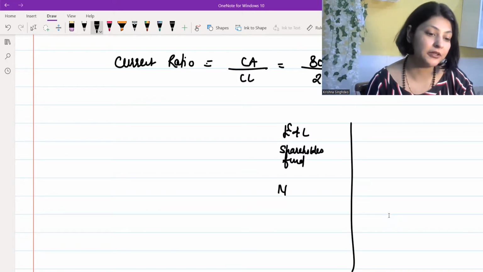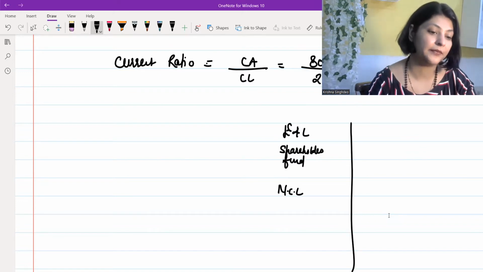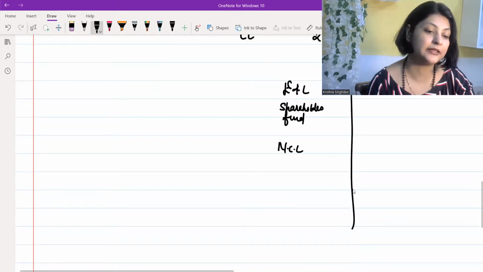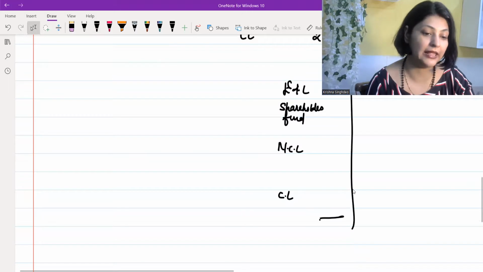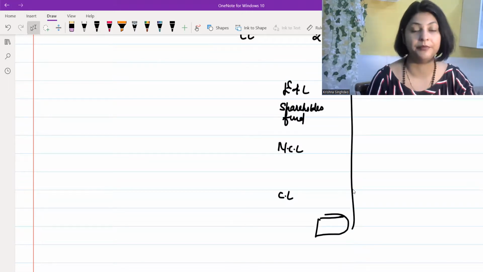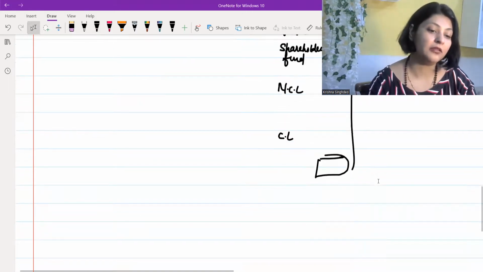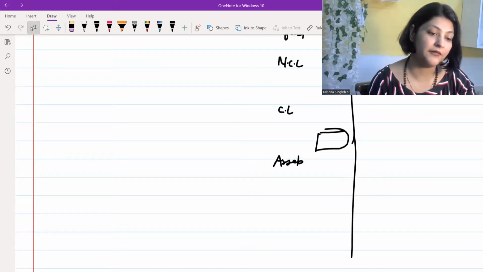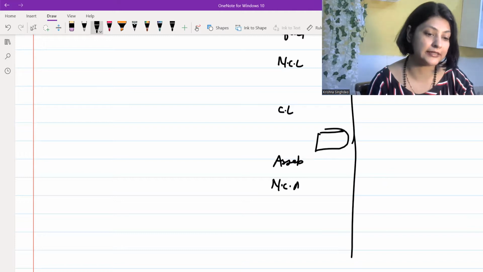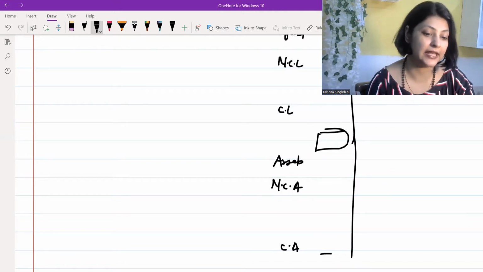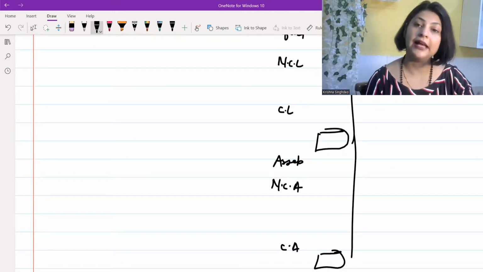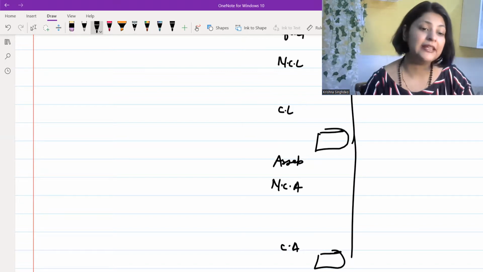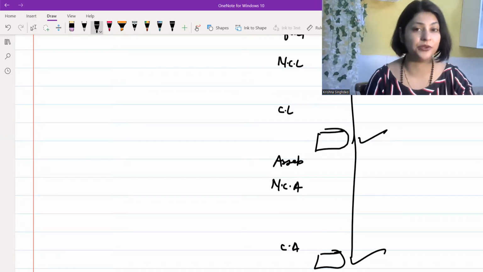Then we have non-current liabilities, and provisions etc. come under this. Then we have current liability and there is a total over here. Similarly on the asset side we have two types of assets, non-current assets and current assets, and the total of both is there. And as it is a balance sheet, you know that this total and this total are going to be the same.